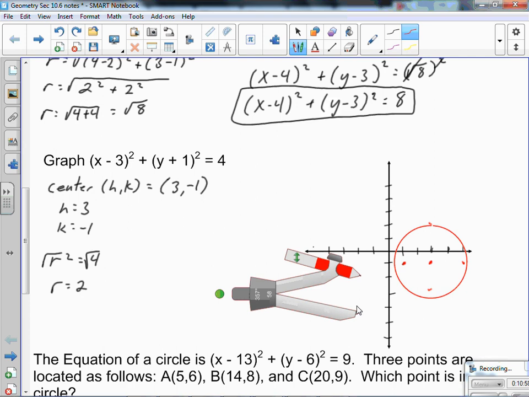My scale's not perfect, but I get the idea. Could have free-handed my circle. Not quite as pretty of a circle, but it hits all my points that way. Alright.